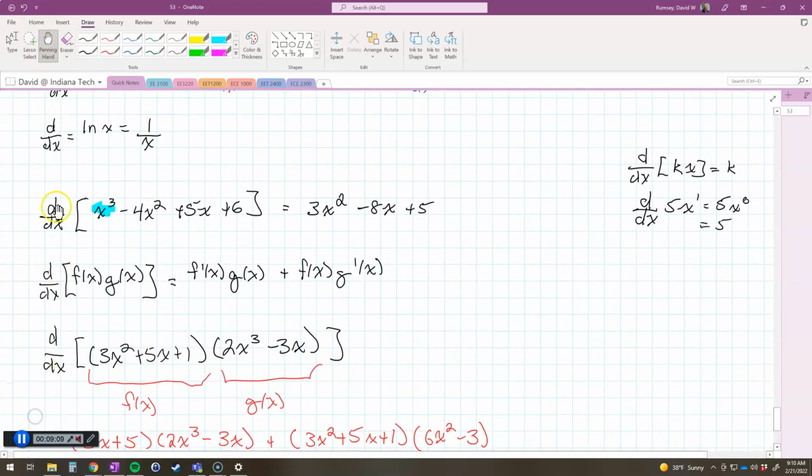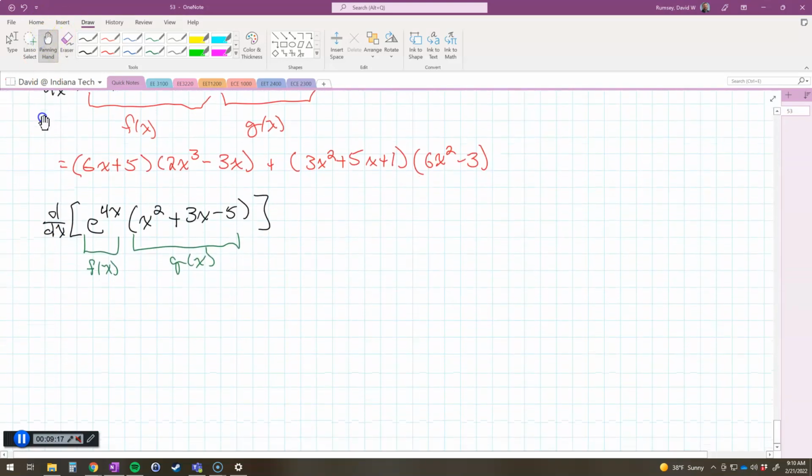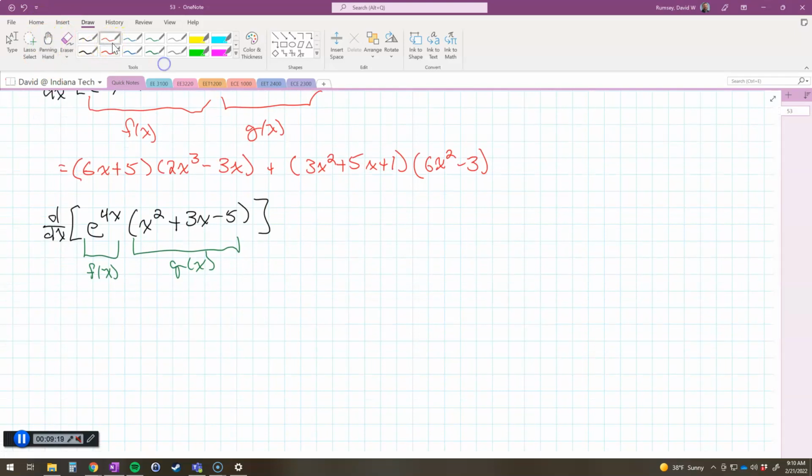Well, derivative of e to the 4x, just going back up here, well, that's k times e to the kx. So this would be derivative of the first. So derivative of the first is then 4 e to the 4x.